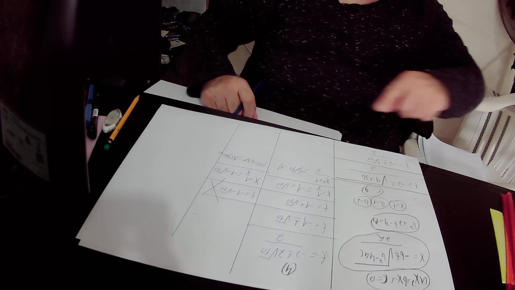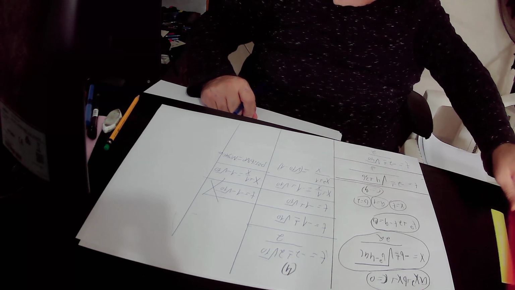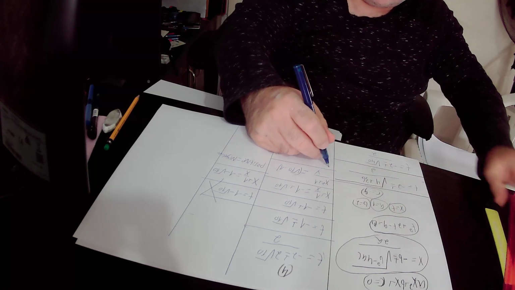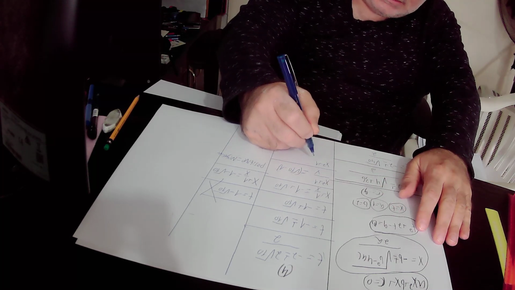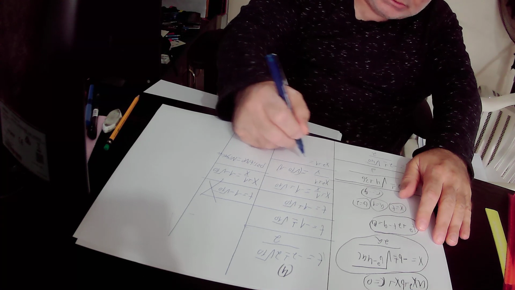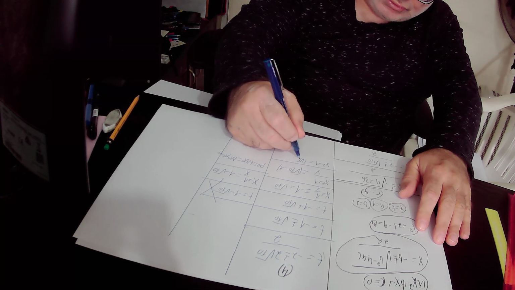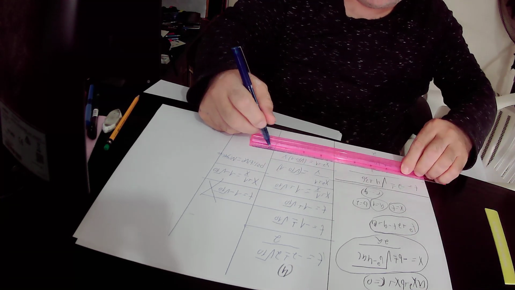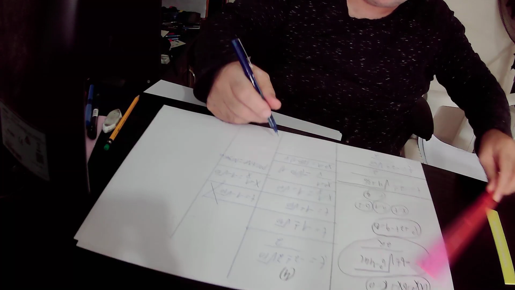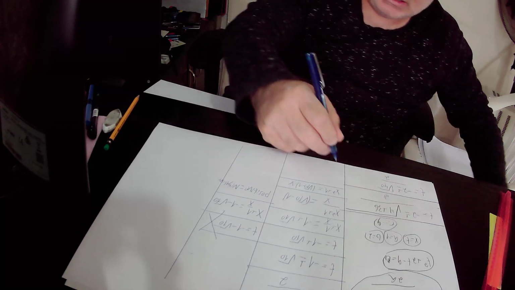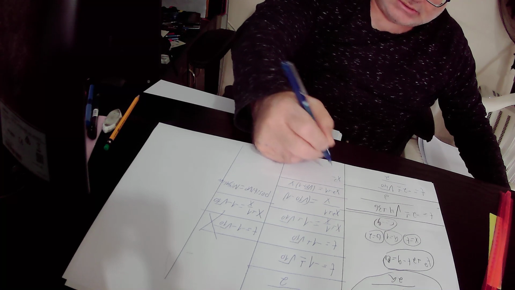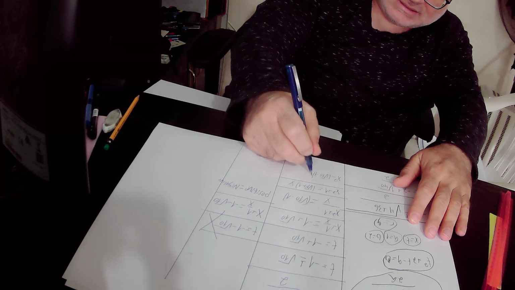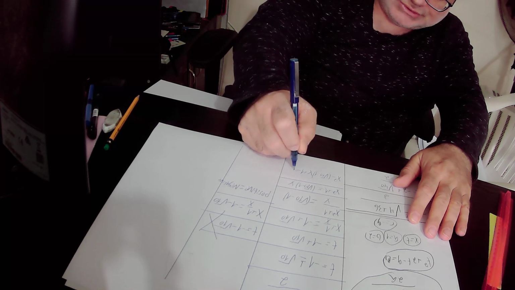So here we'll multiply the equation by x, and we will get that x squared plus 1 equals to square root of 10 minus 1 times x. Here we will subtract square root of 10 minus 1 times x from this equation, and we'll get that x squared minus square root of 10 minus 1 times x plus 1 equals to 0.